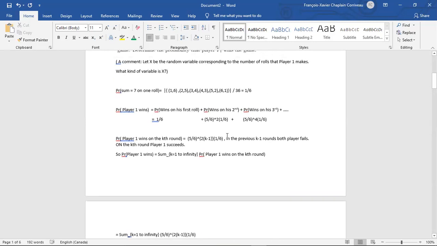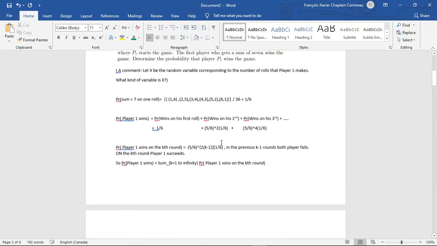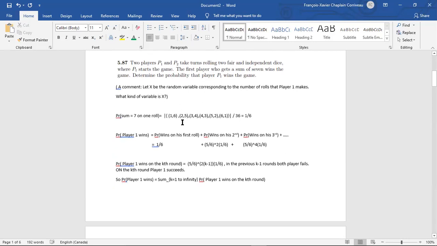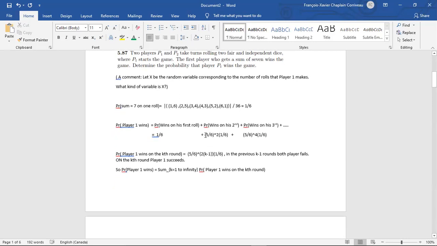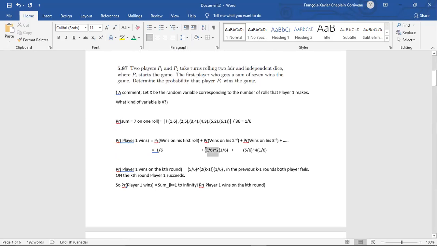So again, very, very similar to the question that we've seen in the assignment. If you understand one of these questions, you pretty much understand all of these questions. The only thing that changes is how many players there are. If I added another player, it would increase the number of failures that I would need, right? So if I have player 1, player 2, player 3, well, this is no longer 2 failures, it would be 3 failures. Here I would have 6 failures, and so on.